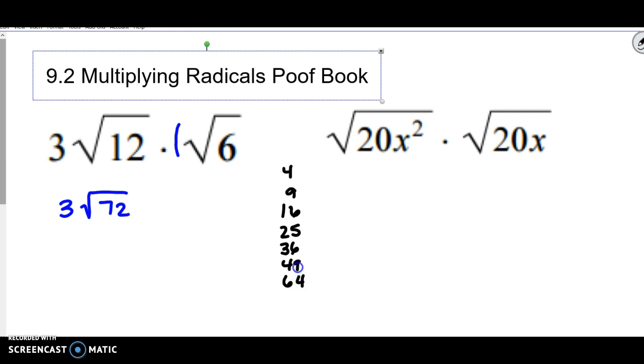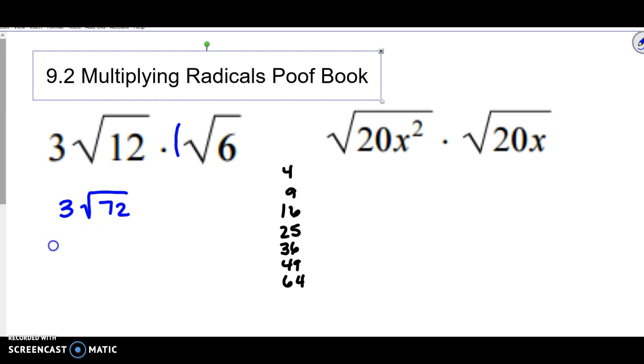So now if we look at these factors, 64 is not going to go into 72 evenly. 49 will not go into 72 evenly. 36, woohoo, 36 goes into 72 2 times. So that's actually going to make our life a whole lot easier going with the 36 than doing 9 times 8 and then having to also break the 8 down.